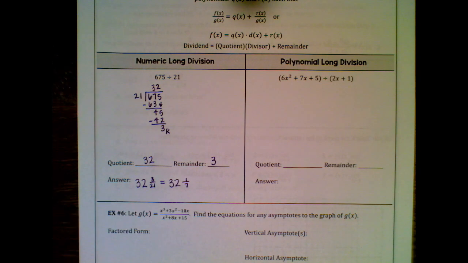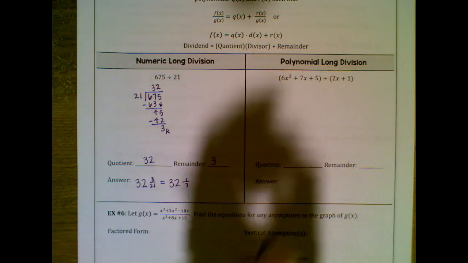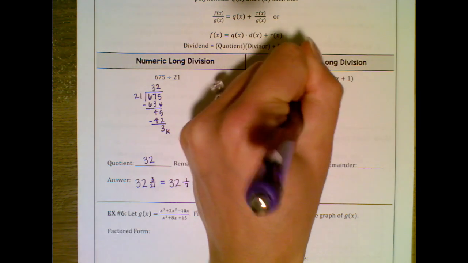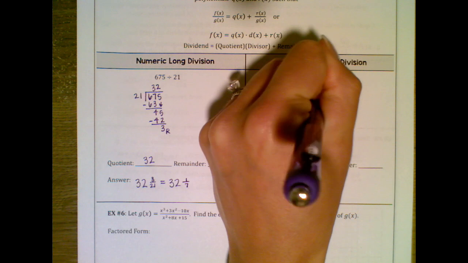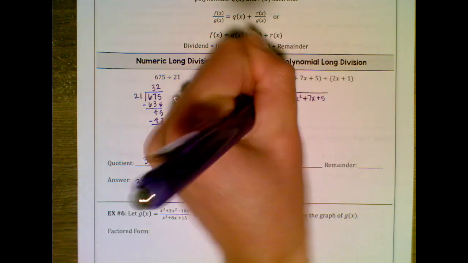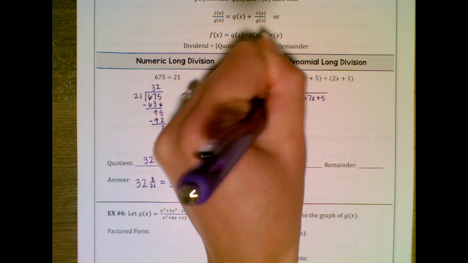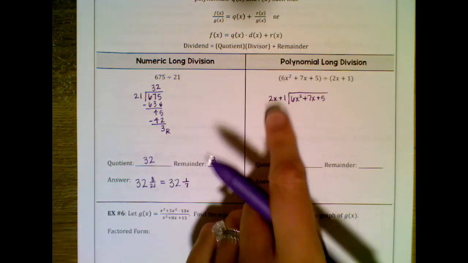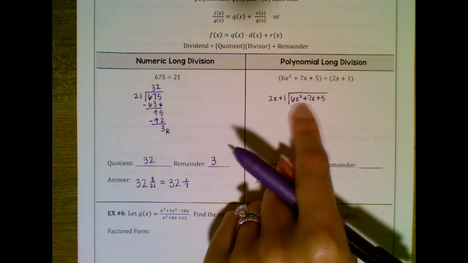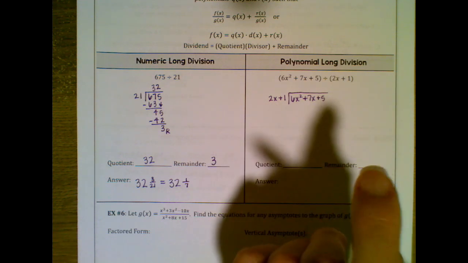Now polynomial long division. I do feel that you guys are getting better at this. Again, this is kind of just a review, but we have 6x squared plus 7x plus 5 all being divided by 2x plus 1. Now remember, if you're missing any terms, you need to plug in zeros from the highest to lowest exponent, but I'm not missing any terms, so I'm good there.